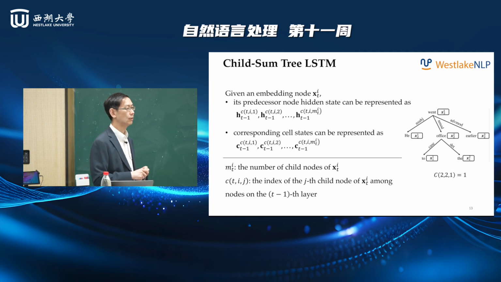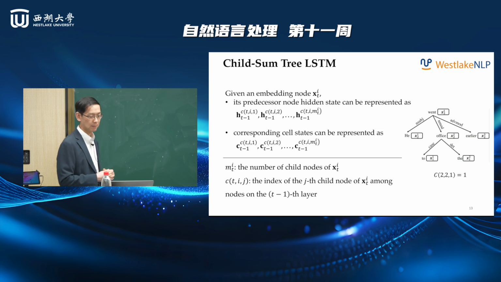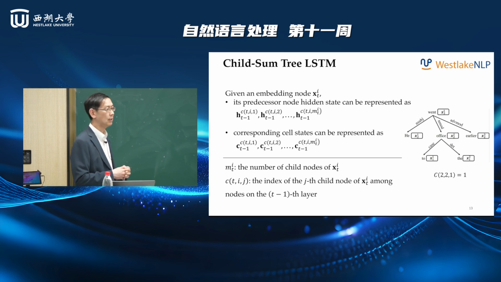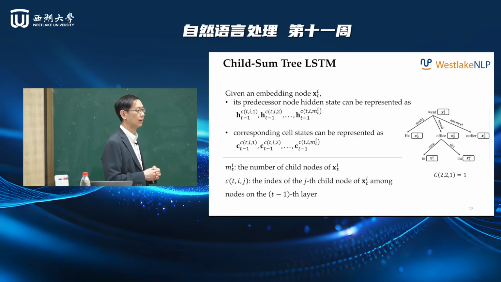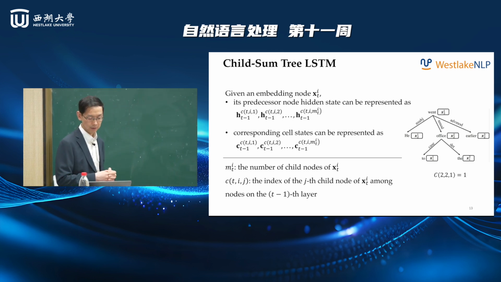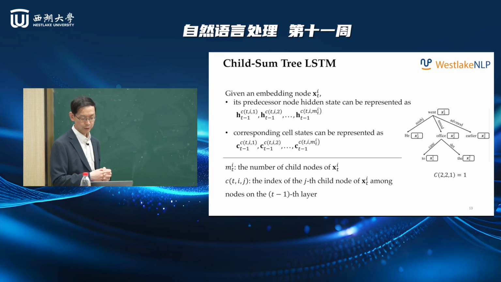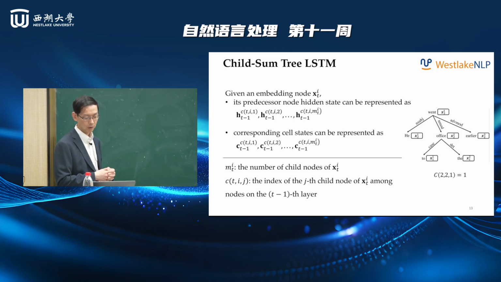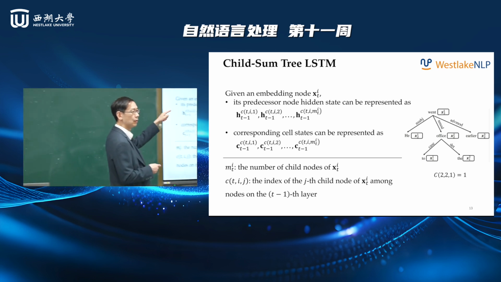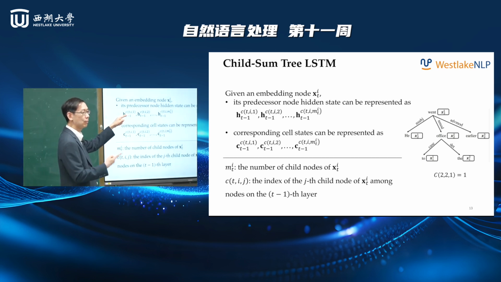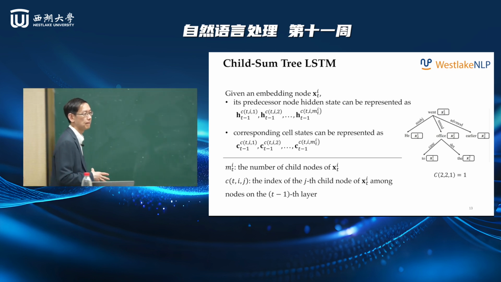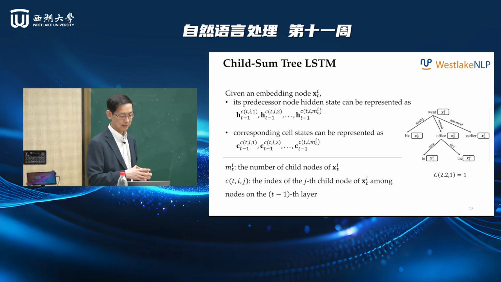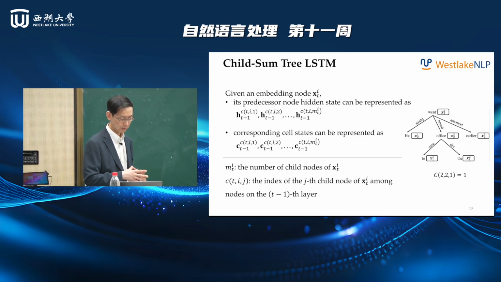It's the first node on the second row. So this is just an index mapping. And M_t^i means how many children the t-th layer, i-th node has. For example, M_3^1, the third row first node, which is the root node, is 3 because it has 3 children. So I'm just turning the index in this way.